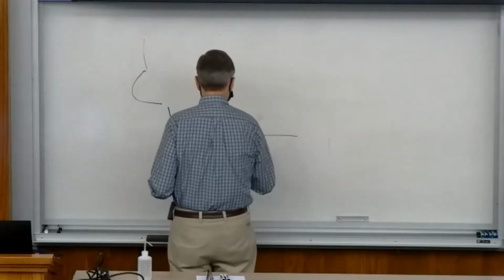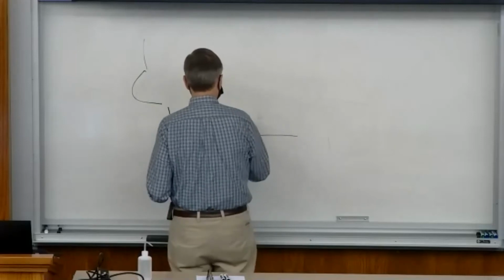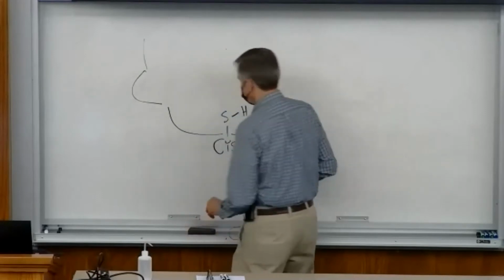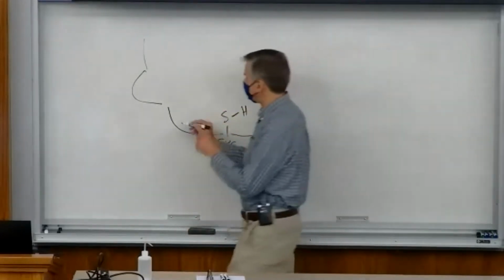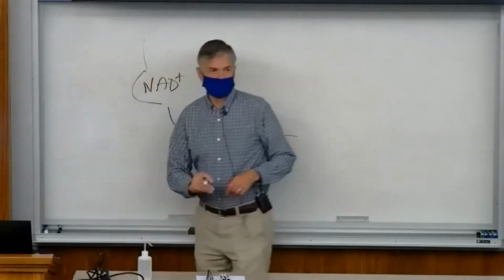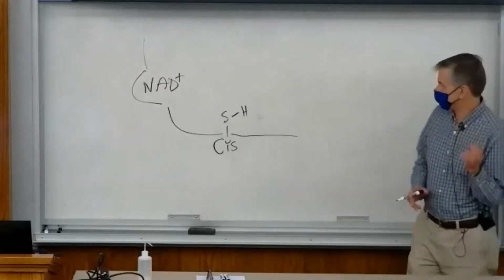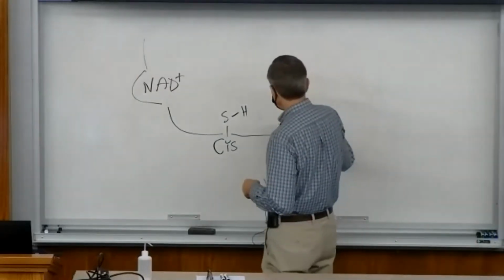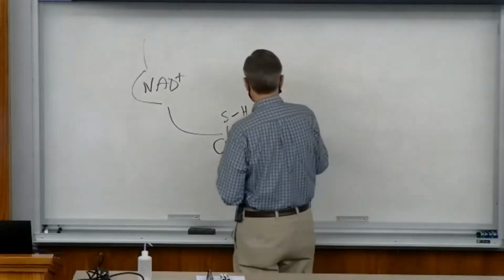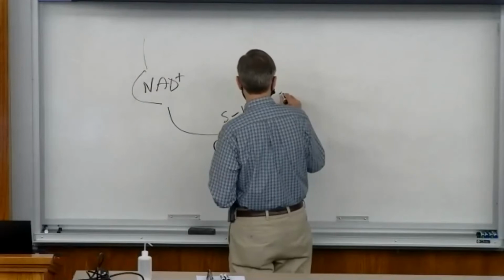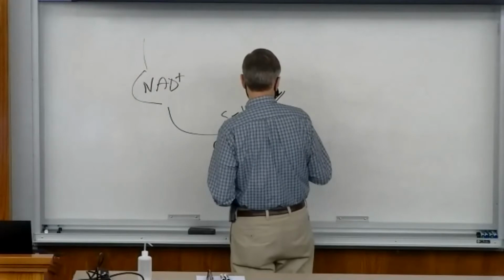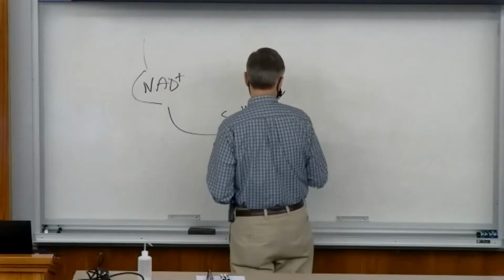So there is a critical cysteine present at the active site. There is also a site for NAD+, this second substrate. And there is a base that's going to abstract this proton. Again, it is not absolutely clear, but the assumption in many instances is that it is the histidine.